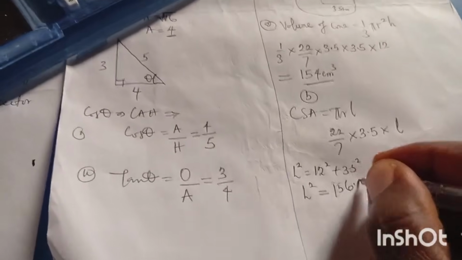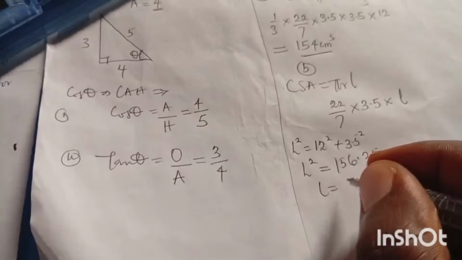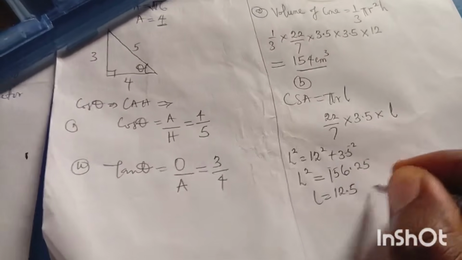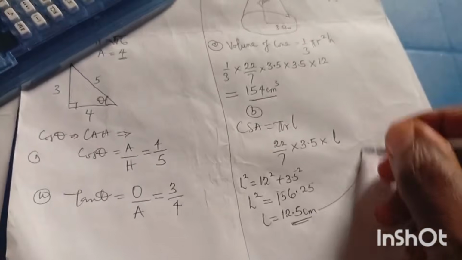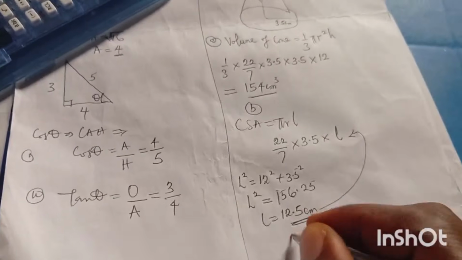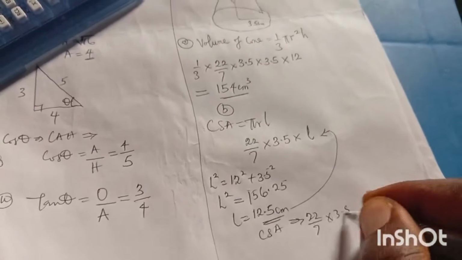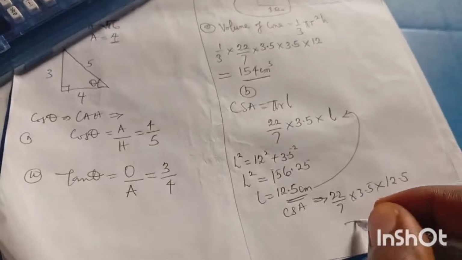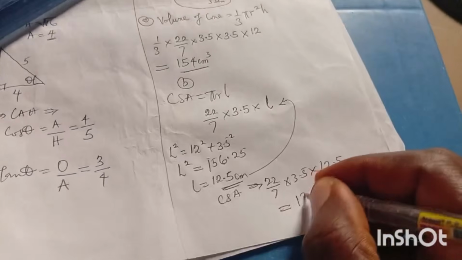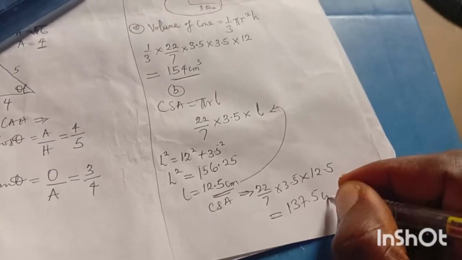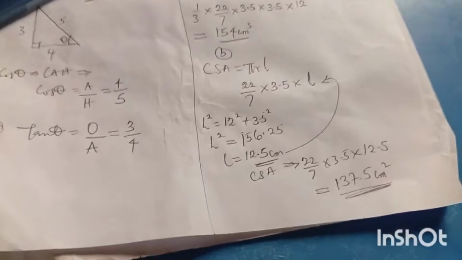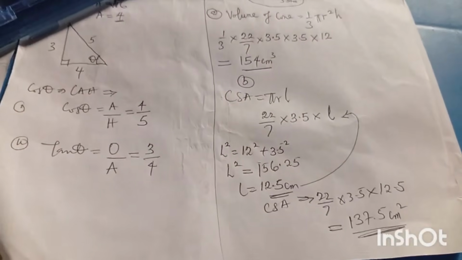Then square root, my L equals 12.5. 12.5 centimeter is my L. So putting this L here, I will now say my CSA equals 22 over 7 times 3.5 times 12.5, and finally my answer is 137.5 centimeter squared. That's my answer. Get your own and drop your answer in the comment box as we finish that.